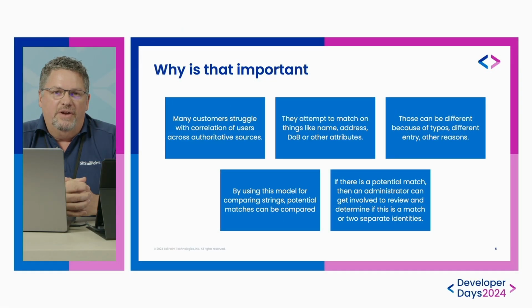I don't have a common email address, I don't have a common employee number, I don't have a UIN, if you will, nothing that's common between those different authoritative sources. So how do we handle that? Attempt to match on things like name, address, date of birth, other attributes that they're bringing in, different typos, right? We see that a lot, or you'll see on the next slide some use cases that we got from a university of ours.